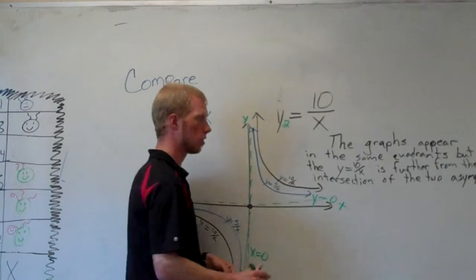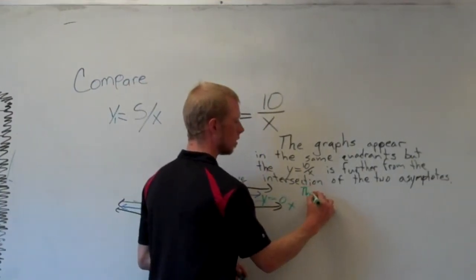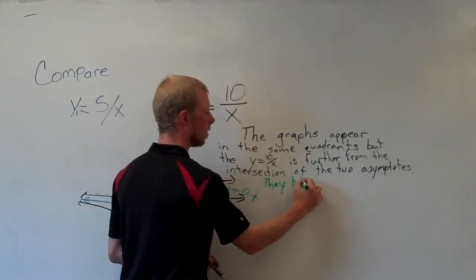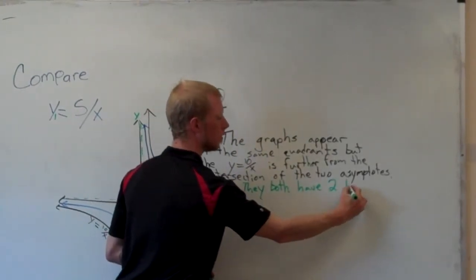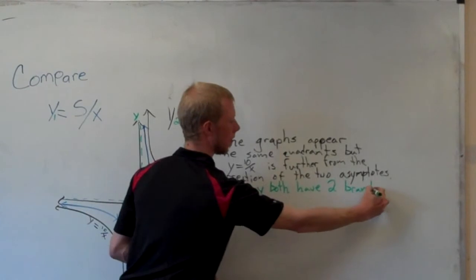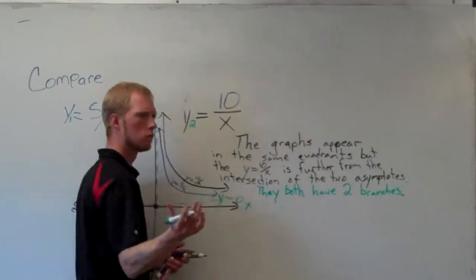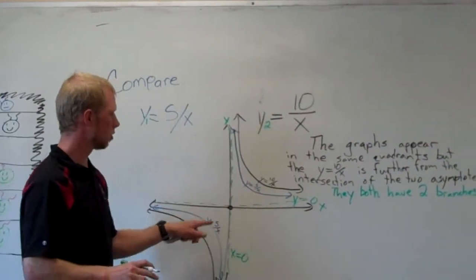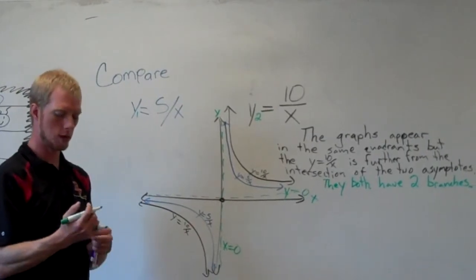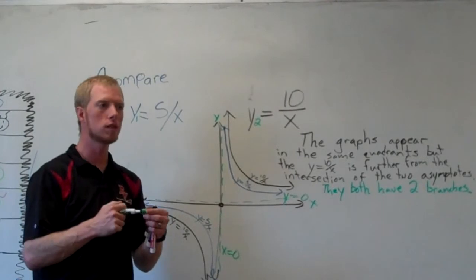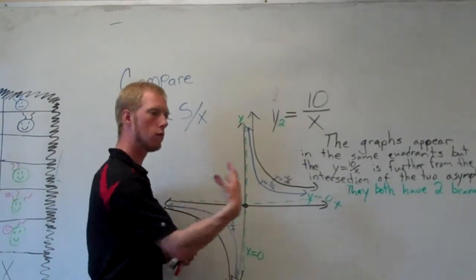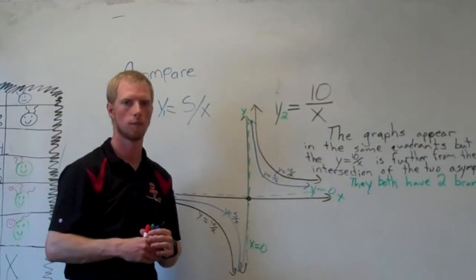Other things that a person might write, they both have two branches. Something like that. There are two blue branches because each separate piece is considered a branch. Anything that you see that you can tell me about could go in a comparison.